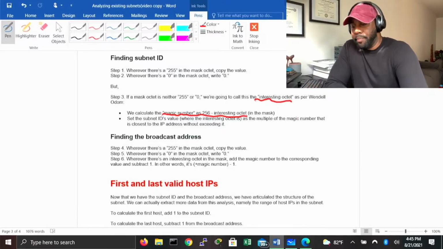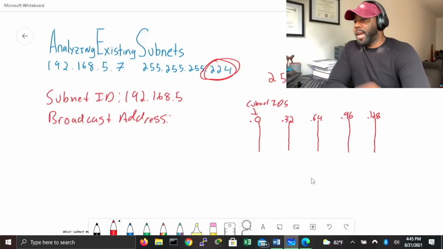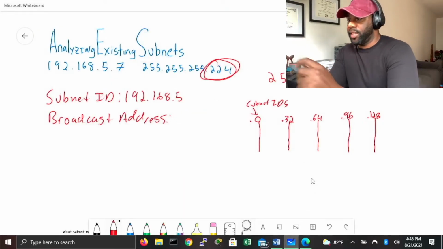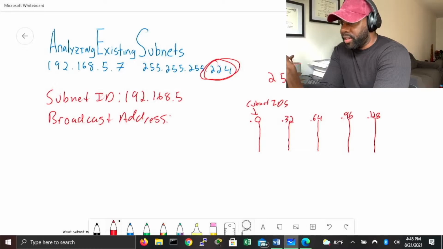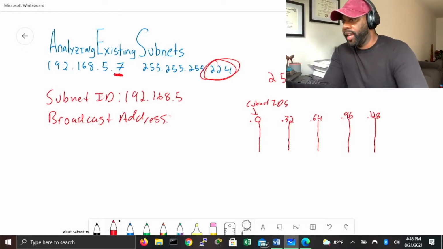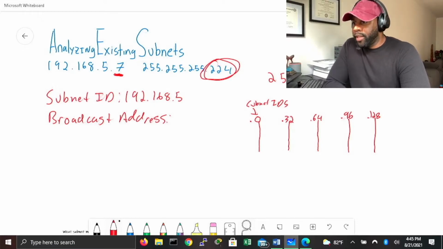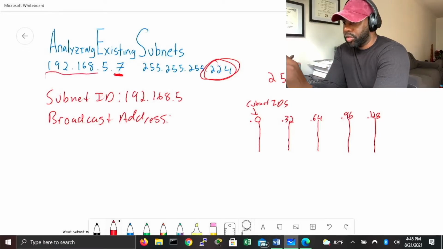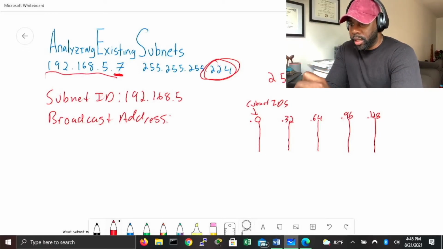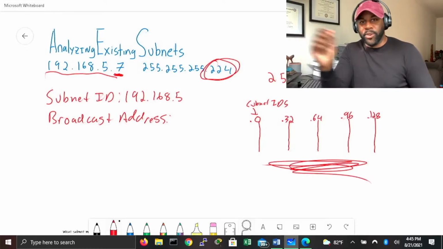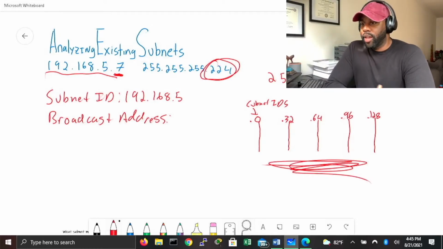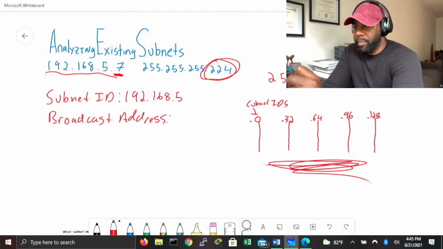Now, what does that mean? What that means is we see that we have 7 right here, and where will we find this IP address within this little picture we have right here? We're gonna find it somewhere in between here.